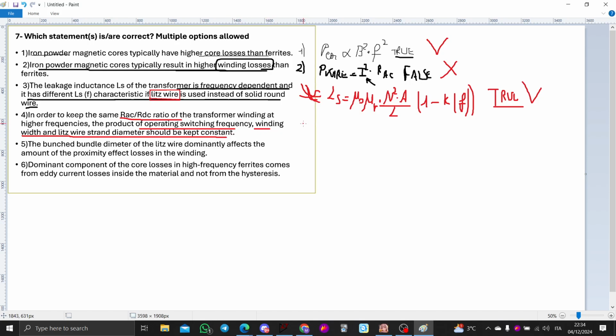The ratio of RAC over RDC is indeed proportional to the frequency, so frequency times W times D must be held constant. This is true.